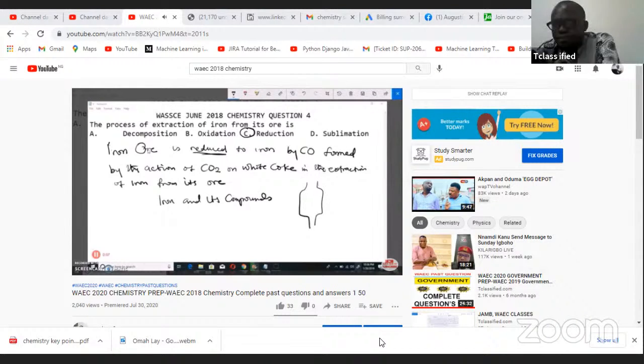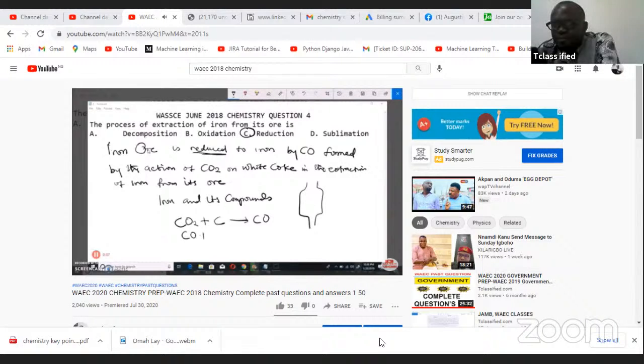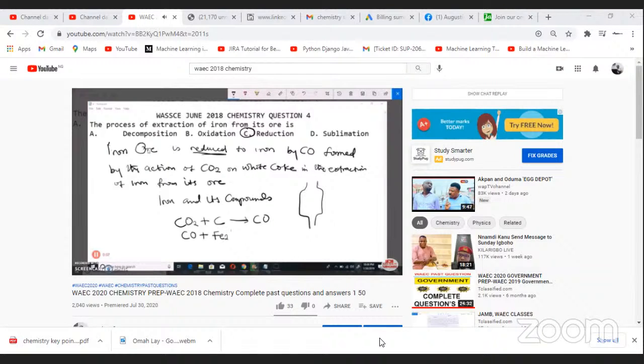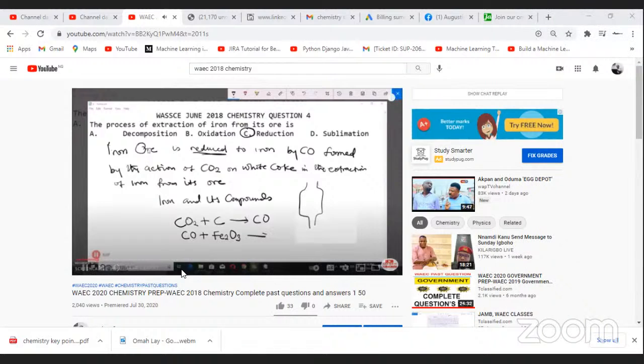When you have your CO2 reacting with white coke, you get CO, which reacts with your iron oxide. Iron oxide is actually called hematite. Okay.